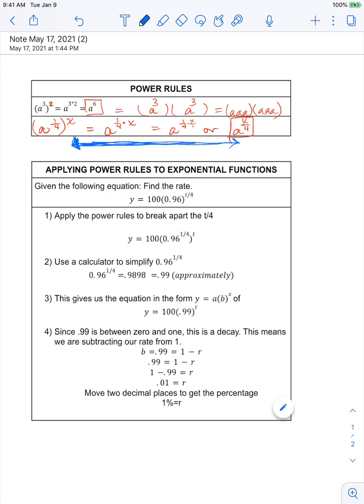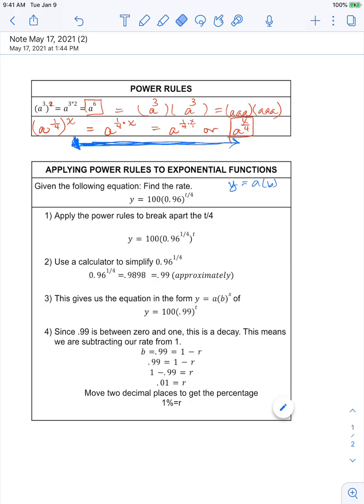Well, my rate is going to be somewhere inside the parentheses, but I've got to deal with the fact that I have this weird exponent, because normally my equation's in the form of y equals a b to the x, or a b to the t.